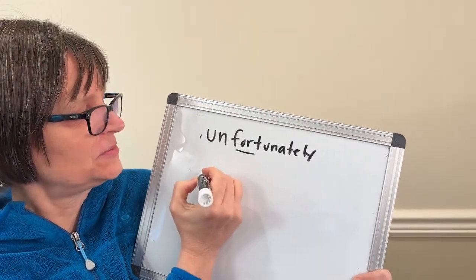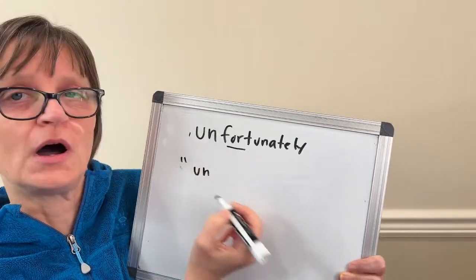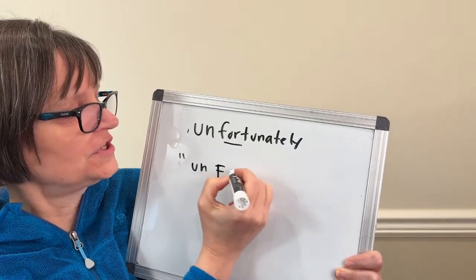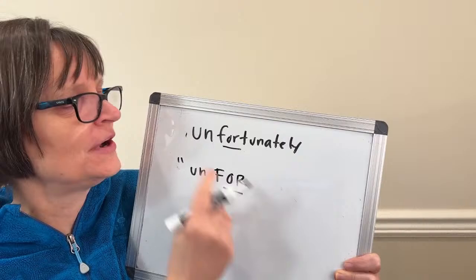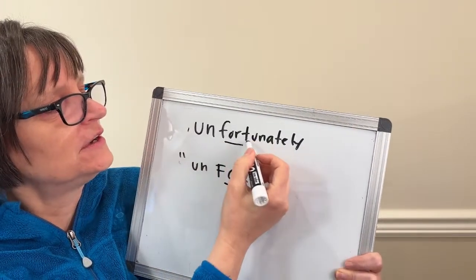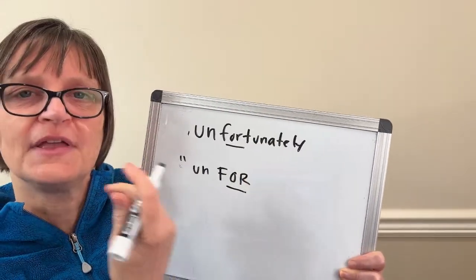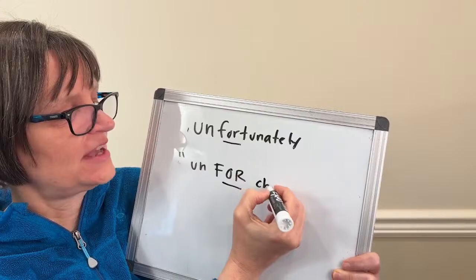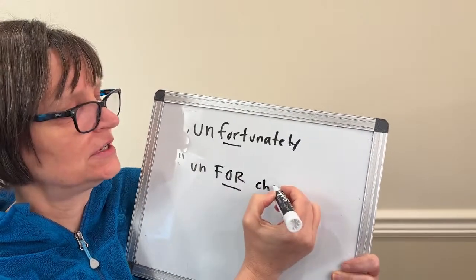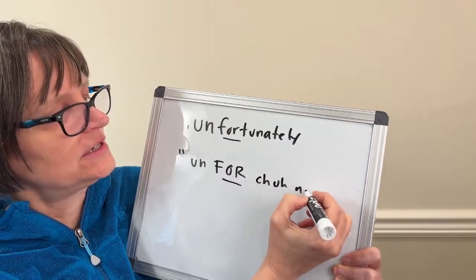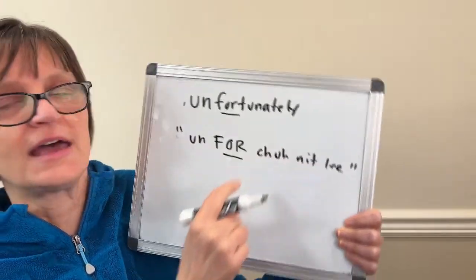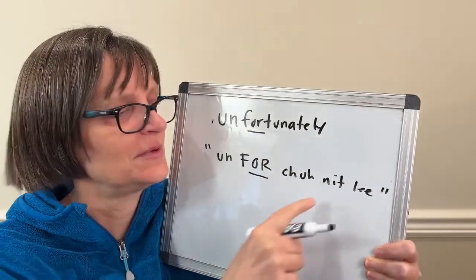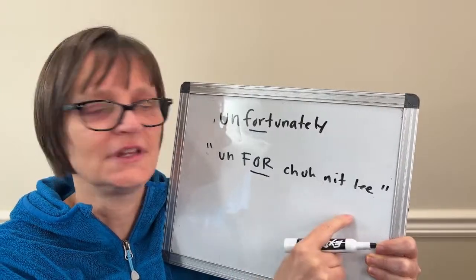So the un is just pronounced the same with the schwa, un. Then fortunately, we have the stress on the or, so the letters or do say or. Unfortunate, the tu makes for a ch sound here. Unfortunately, and this nat, that's unstressed, so it's going to be reduced like an I. Unfortunately.